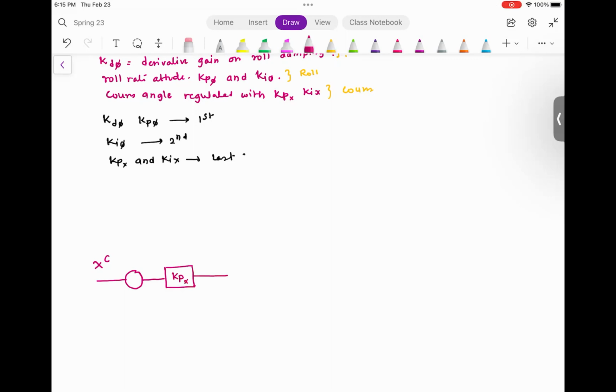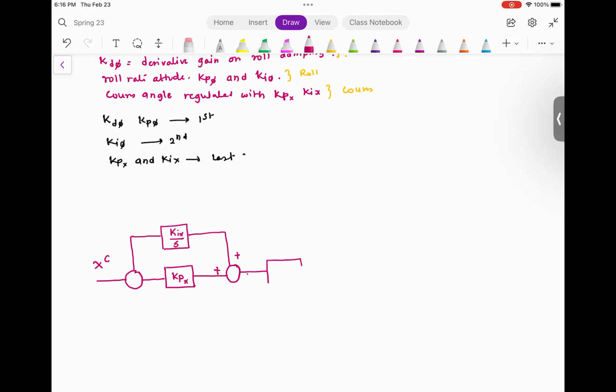We also add an integrator gain on the course, so basically you have Ki course divided by s. This whole thing gets fed into this summing junction. And please understand, since these are the controller terms, both of these controller terms are positive.